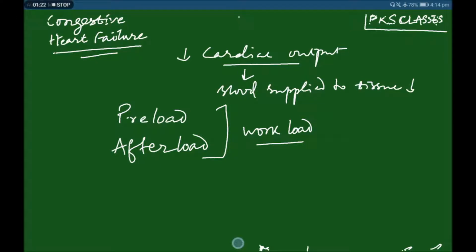So these two things affect this workload, preload and afterload. Preload is nothing but your venous load, and the afterload is your peripheral resistance, because this is the pressure on the arteries. This is related to your artery.